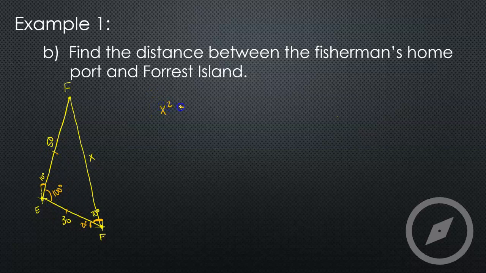So it would be x squared equals the two sides being squared and added together, minus 2 times those same two sides, 30 and 50, times the cosine of the included angle, the 100 degrees. And when you do that on your calculator, we get 3,921. Take the square root of that, and we get 62.6 miles.